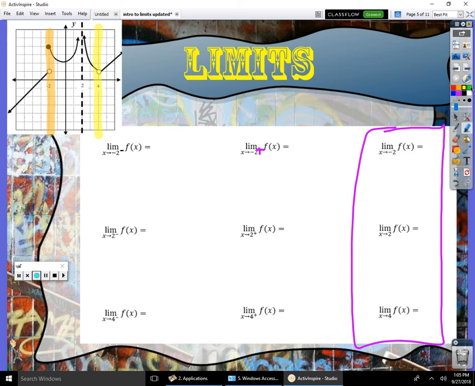Just like when we were doing piecewise, we did the fences because we need to know who owns what. And just so our discussion is a little bit better, and because I didn't do it this way in previous years, but I did it today in third period and they found it very helpful, so that's what I'm going to do. I'm going to color code stuff to make our conversations a little bit easier and solidify what we're talking about.